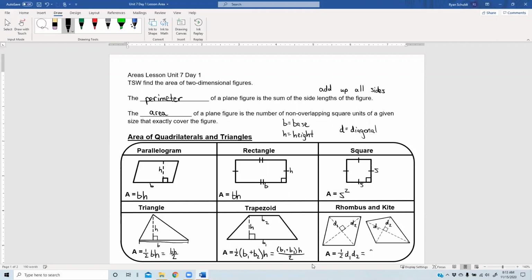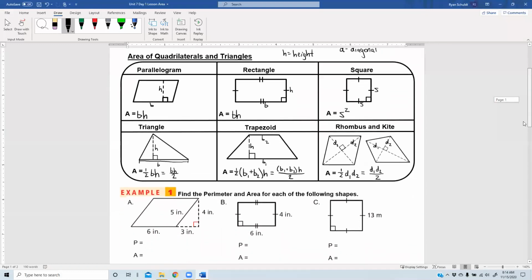Or you could also see that as D1 times D2 over 2. So those are the formulas.